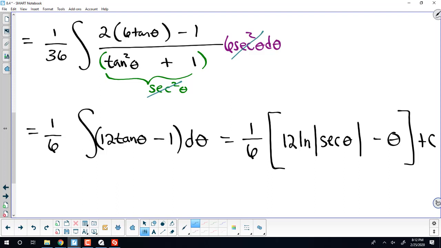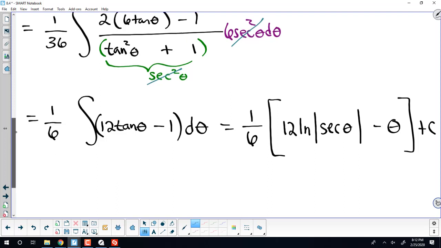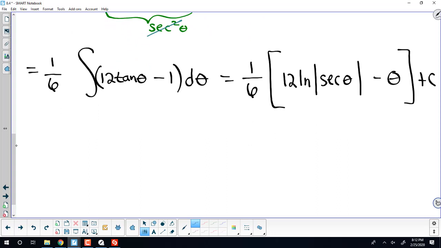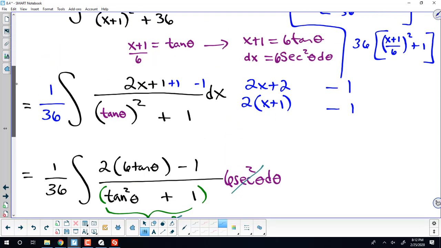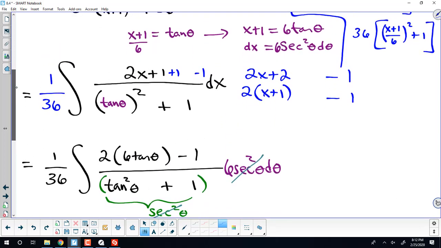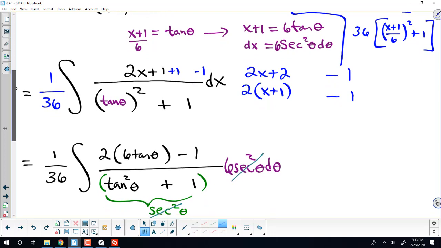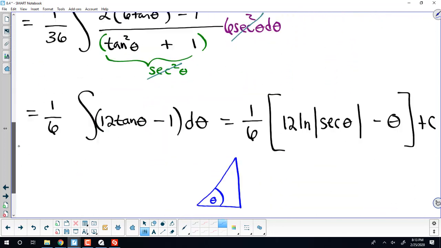Okay. All right. Well, I guess it doesn't matter what place we resubstitute, but we have this option. Tangent of theta was x plus 1 over 6.